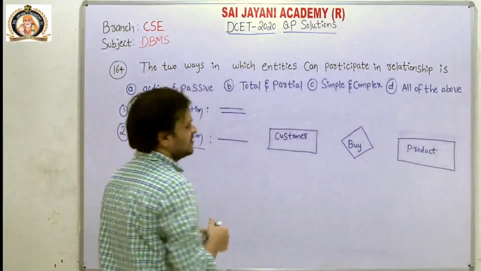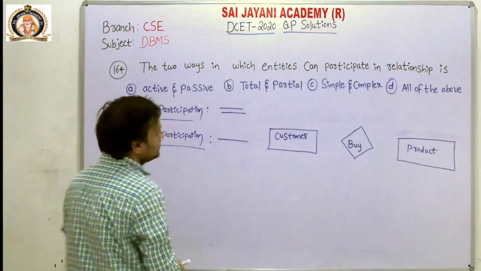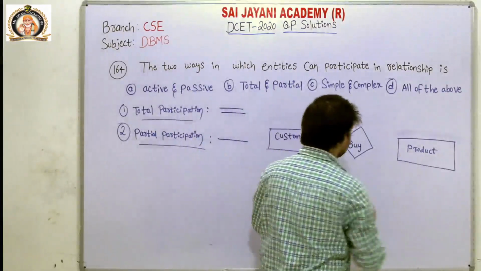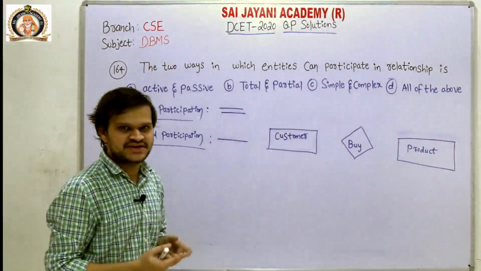In this example, here the customer and the product are called as entities.